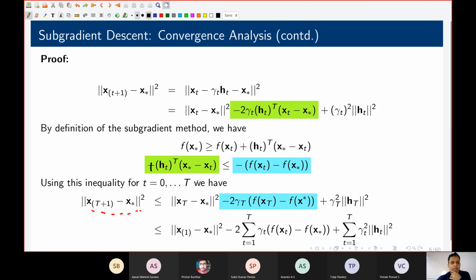So when you use this inequality, then you'll basically get all terms cancelling out except for t plus 1 remaining on the left hand side, t on the right hand side. So what else? As usual, we can make an assumption that the first iterate is within a ball of radius r of x star.